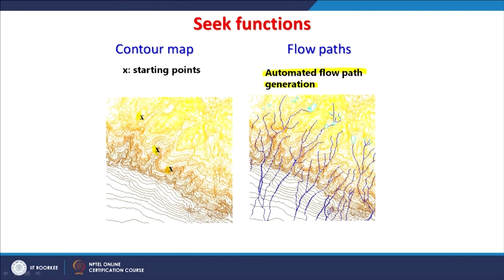So, if there is a pollution source, a point source pollution, now I would know exactly how it will travel through these streams and how it will get dispersed. And if that knowledge of dispersion is available, that too can be modeled here. So, using simple contour maps, I can develop flow paths using these seek functions. To that extent it is very, very useful.